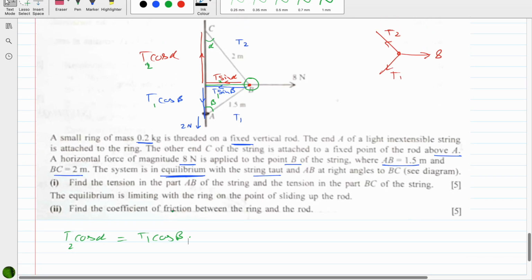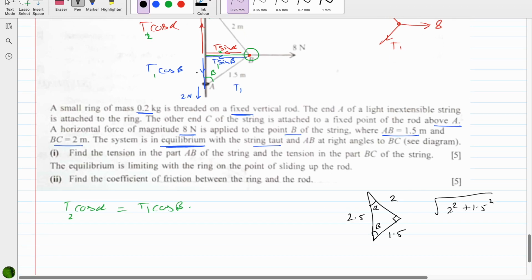Now from the same triangle, let me extract that. This is beta, this is alpha, this length 2 is already there, this length 1.5 is already there, and if I apply Pythagoras theorem to find the third length, which is AC, square root of 2 squared plus 1.5 squared, that is 2.5. So this third length is 2.5.